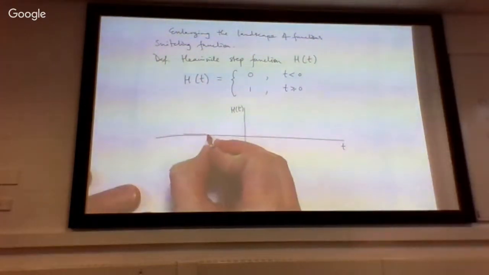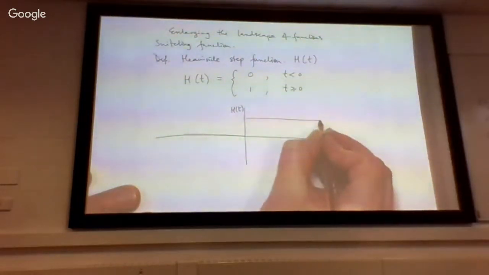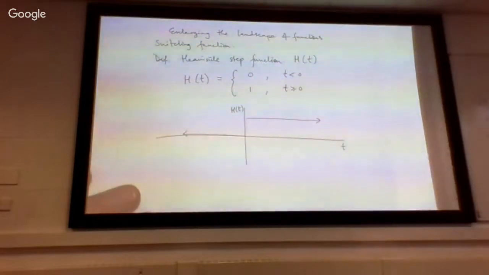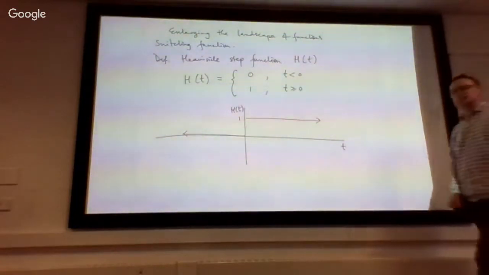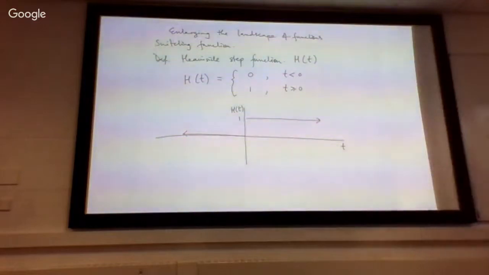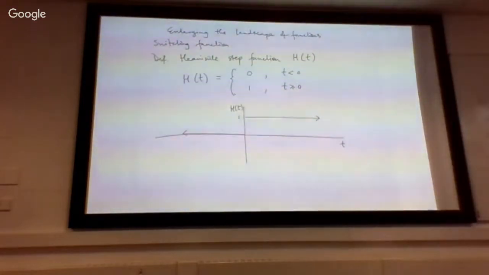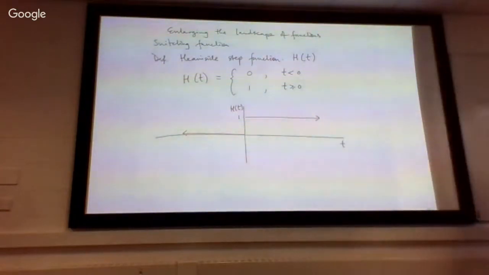I mean, it's equal to 0, I'll draw it down here, all along here. And then suddenly here it jumps up to the value 1. And that kind of behavior continues in both directions. So it's not a completely boring function. A completely boring function would be 0 everywhere. Moderately exciting: it's 0 everywhere negative, and then it suddenly switches on and takes the value 1.